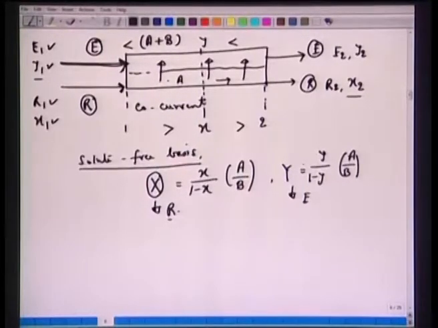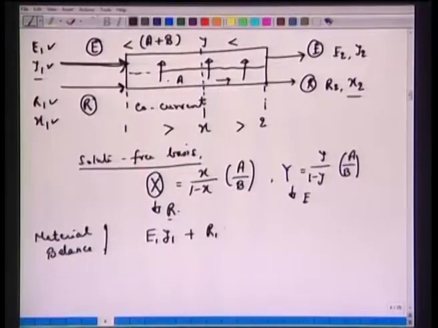Now let's make material balance. So we have a steady state and we are making material balance or species balance on A, specifically on A. Let's begin with this. So we have two streams which enter here. So we can write E1 Y1 plus R1 X1. So this stream brings R1 X1, this stream brings E1 Y1.